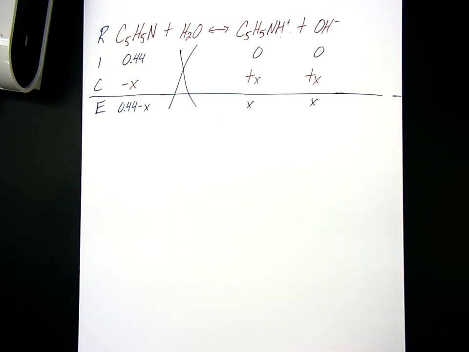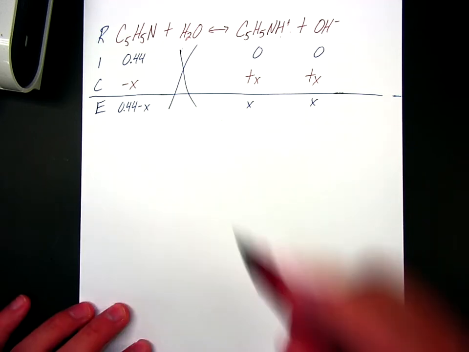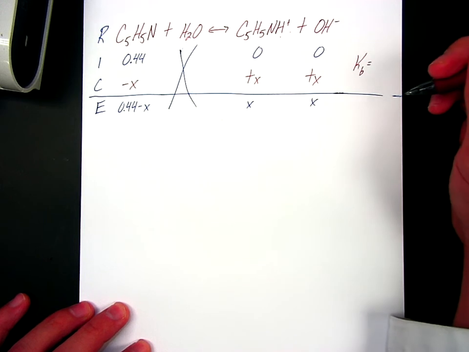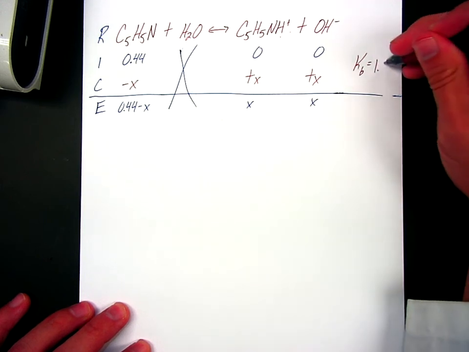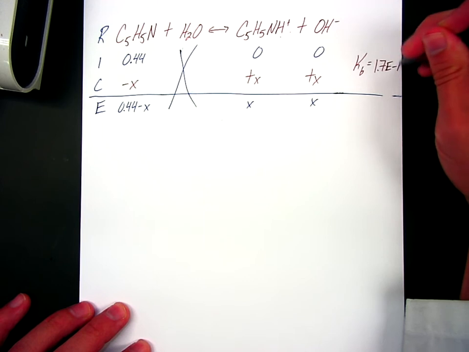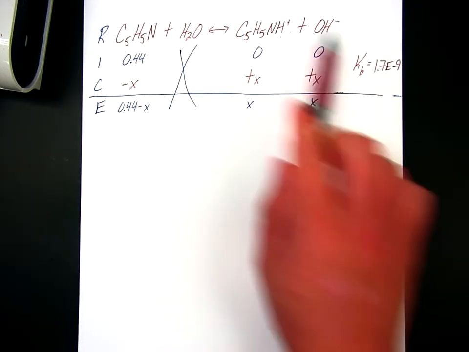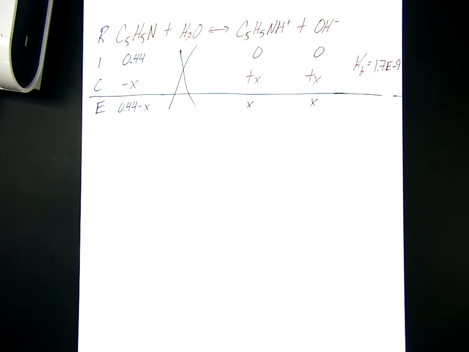All right, and now here's where we look for another given in the problem, and if I go to it, I have a Kb. It lets me know that the Kb of the reaction is 1.7 E negative 9. So this is a given value that we can now use to continue my analysis here.